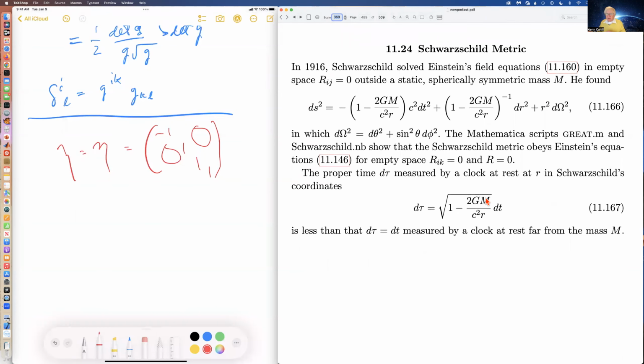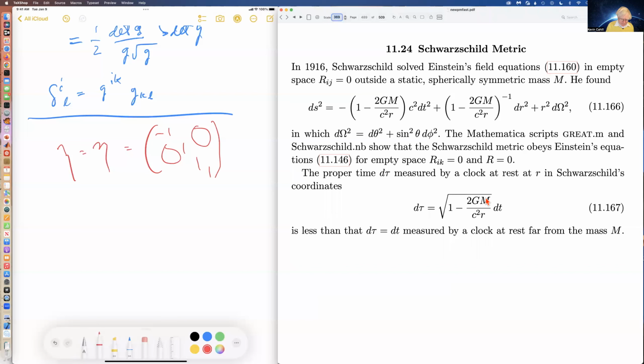The Schwarzschild metric is a solution of Einstein's equations for empty space for the case in which there is a point mass.